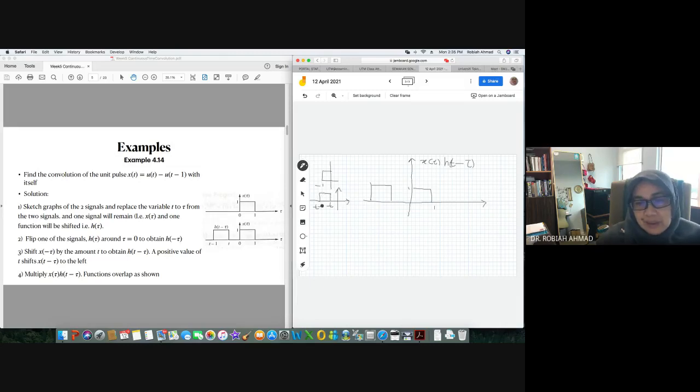So that's why yang ni untuk h(t minus 1) ke t minus 2, macam tadi example saya tu t minus 2. So this one kita namakan dia sebagai h(t minus tau). This one is x(tau). Salah tu tadi, tau. So this one will be tau. Saya padam dulu.